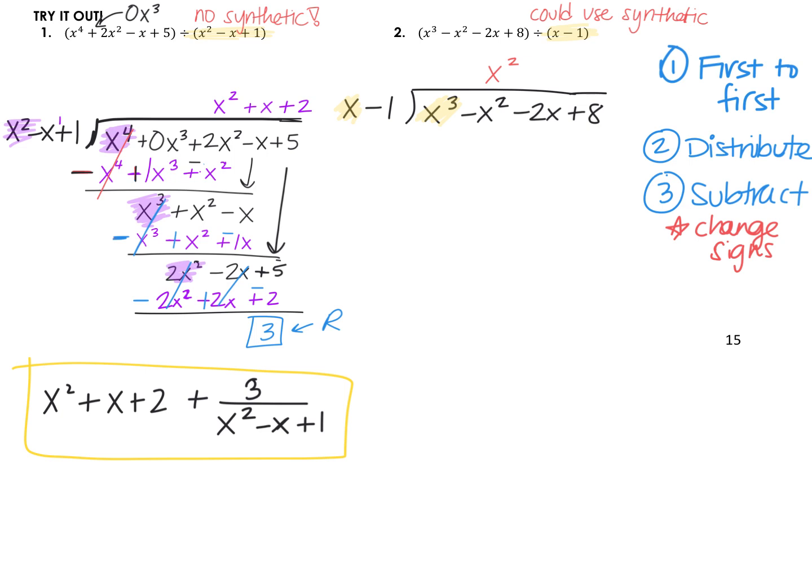And now you're distributing that, so you get x to the third and then minus 1x squared, if you want to put the 1 there. Draw a line. Subtract, but remember what I really mean when I say subtract is change signs. So that means that this one becomes plus. So I'm trying to hopefully make a distinction now because it's in blue.